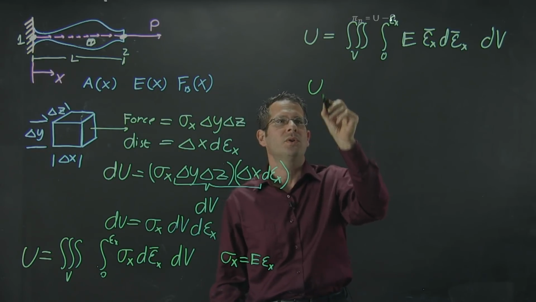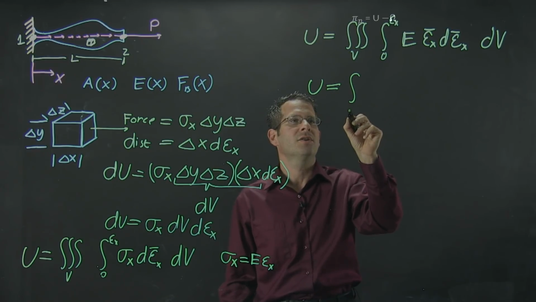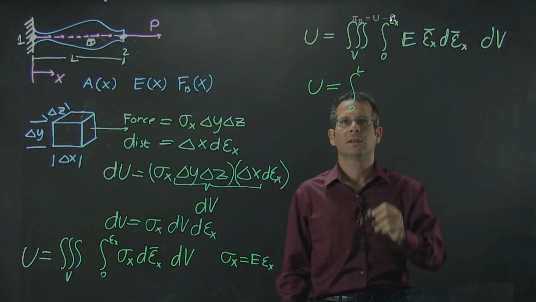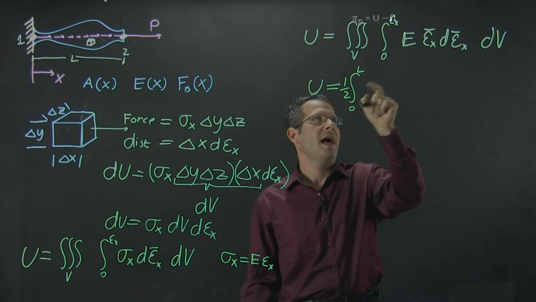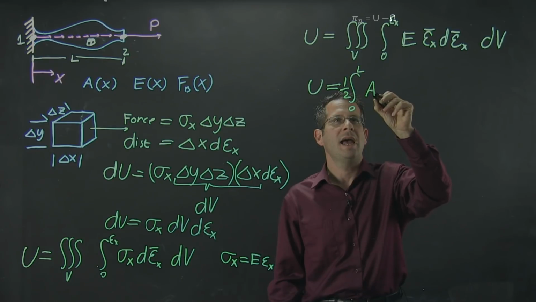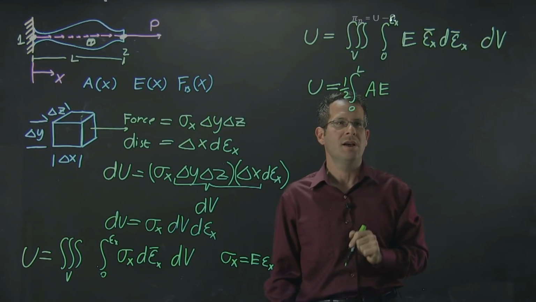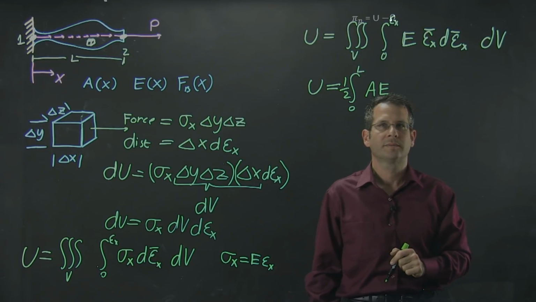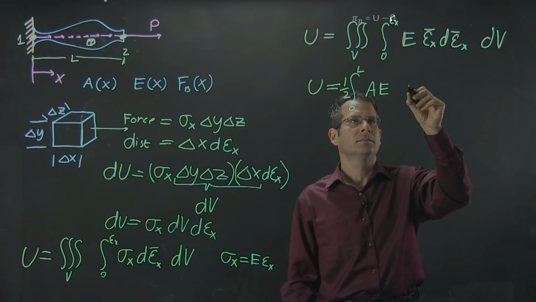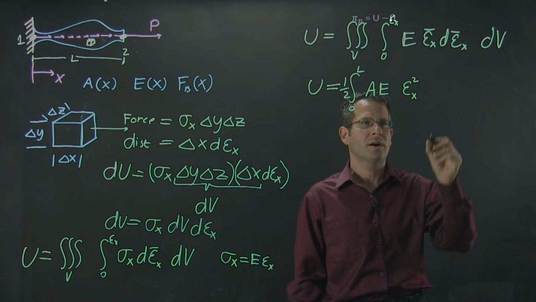So my total strain energy is now the integral from 0 to L. I'm going to move the 1/2 from this integration out. I'm going to get A, E. I can't move them out because both A and E are dependent on x. Strain in the x direction squared dx.